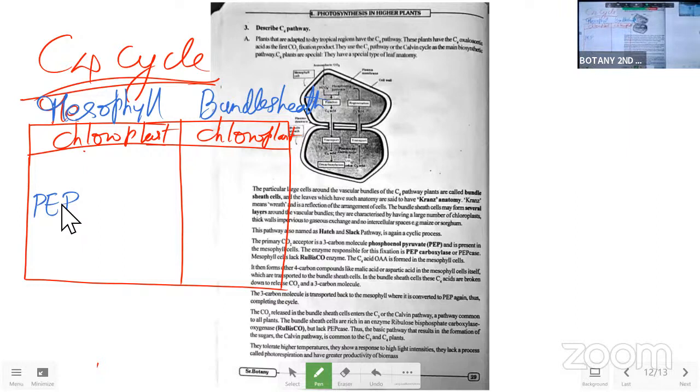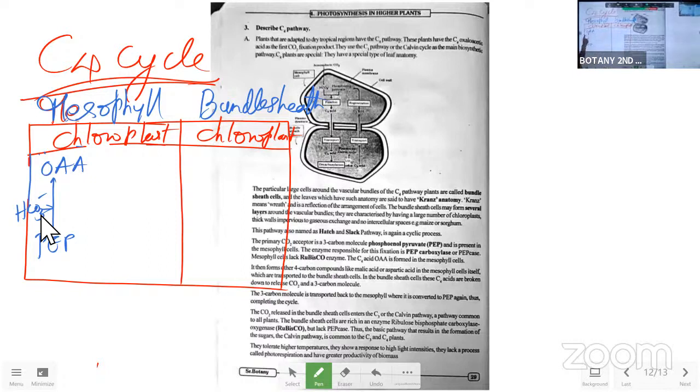This first accepts carbon dioxide in the form of HCO3 minus and converts itself into oxaloacetic acid, a 4-carbon compound.